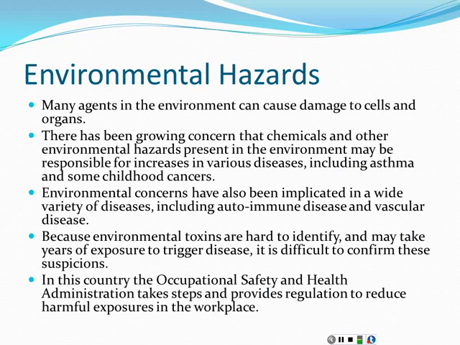So there are lots of things out there in the environment that can cause damage to cells, to tissues, to organs. With the Industrial Revolution and the chemical revolution, there's so many things that are now made using chemicals from petroleum as well as chemicals from other things.